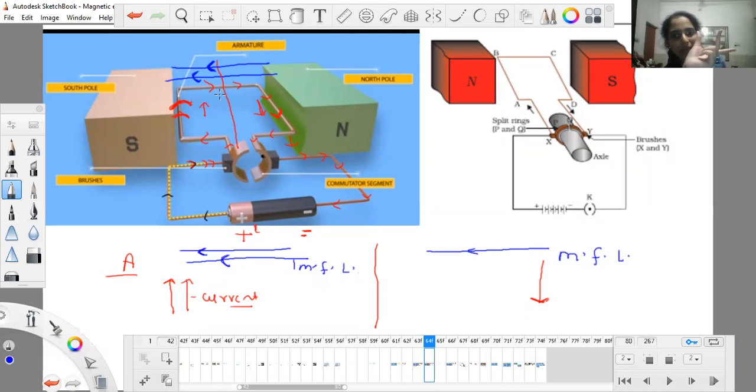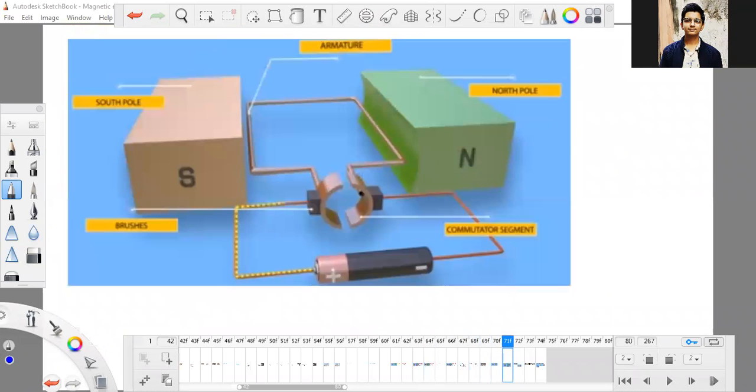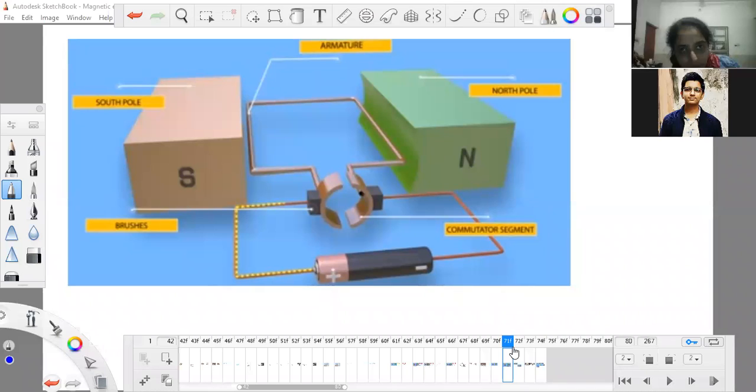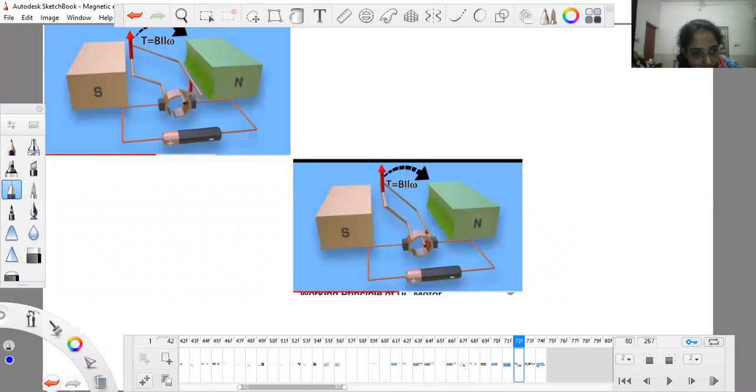Okay, use this by yourself. This is the upward direction. This is the direction in the first case.